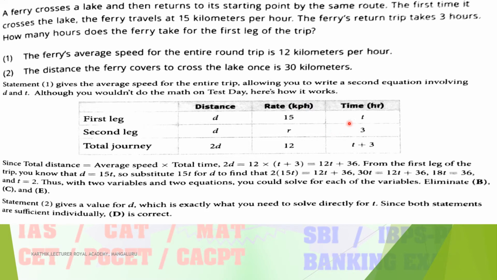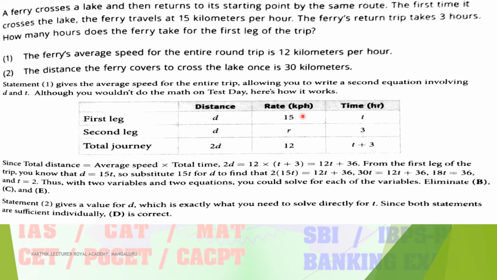The time taken is not given, so write T. For the second leg, the distance we don't know, so write D only, and the rate we don't know, so write R. But the time we know: the return trip takes 3 hours. So the total distance is D plus D, 2D.